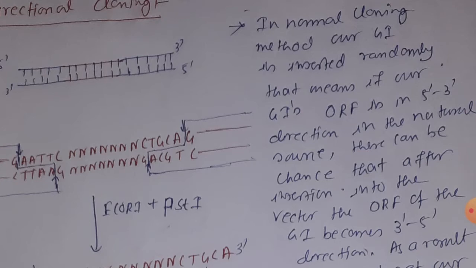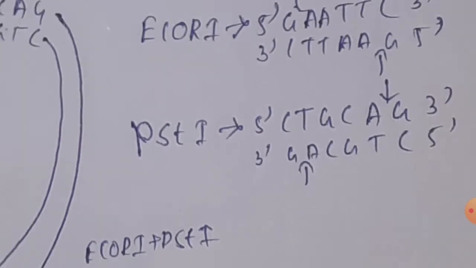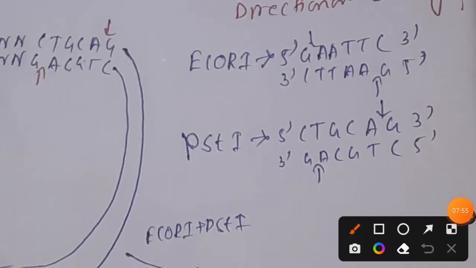Your vector along with your gene of interest should contain their restriction sites. That means just using EcoRI and PstI is not going to solve your problem. You also need a particular restriction site for EcoRI in both your gene of interest and vector, along with the cut site for PstI.